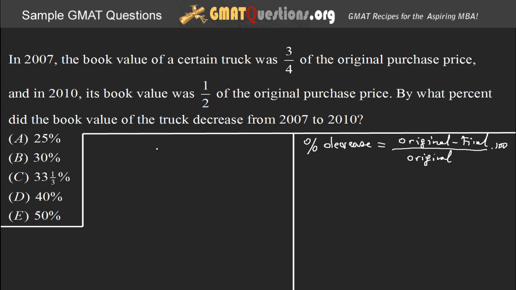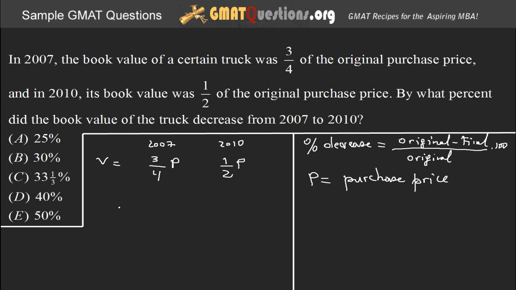We have 2007 and we have 2010. So if V is the book value, and P, as I said earlier, is the purchase price, all you have to do here is say that V should be equal to 3/4 of P in 2007 and 1/2 of P in 2010.